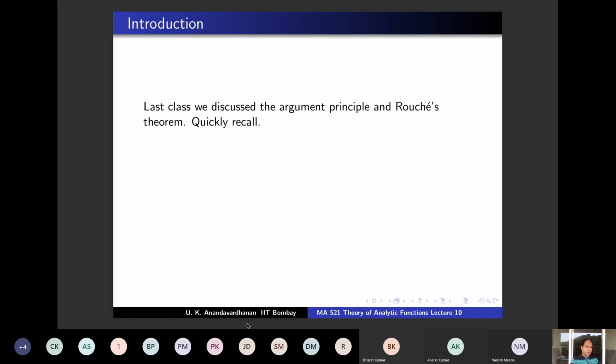So in order to show that the number of zeros is the same for f and g, we need to show that the index of 0 for f composed with gamma is the same as the index of 0 for g composed with gamma. This we achieved by showing that these two curves are homotopic in a domain that does not contain 0. So this was a proof of Rouché's theorem.